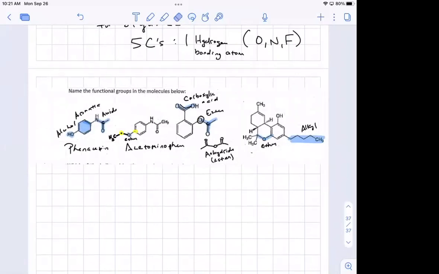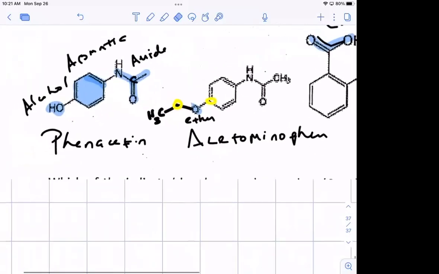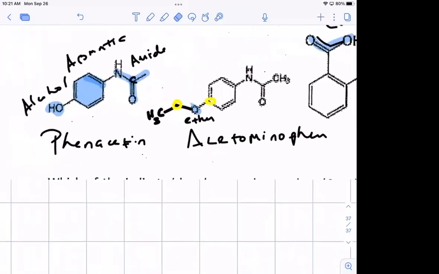Let's see if I can erase it. I can't, that's okay. Let's look at this first one. What we want to do is count up the carbons, and then count up whether there are oxygen, nitrogen, or fluorines present. And then we're going to determine whether or not the ratio is met and whether each one of these compounds is soluble in water.